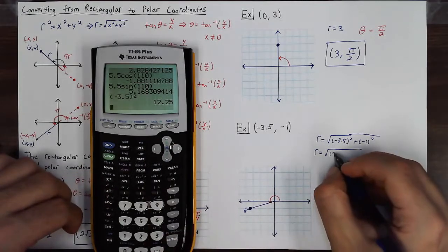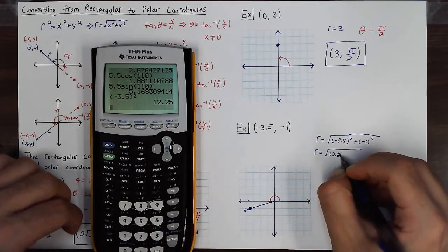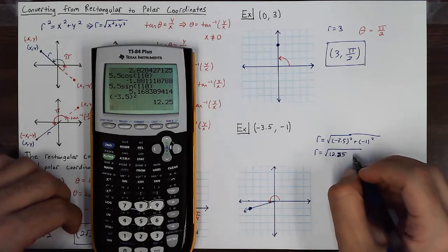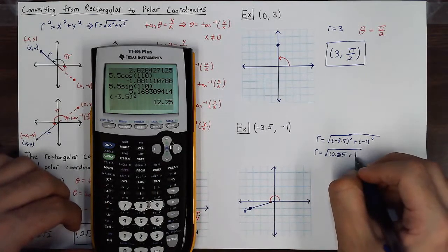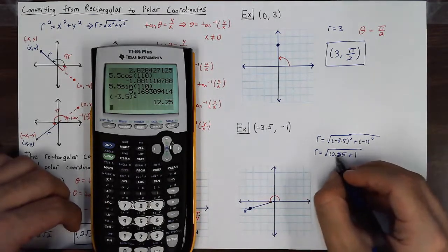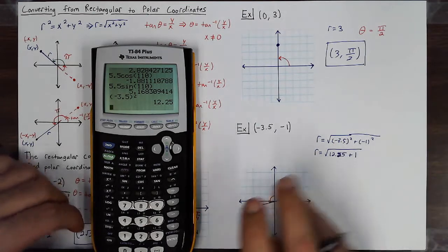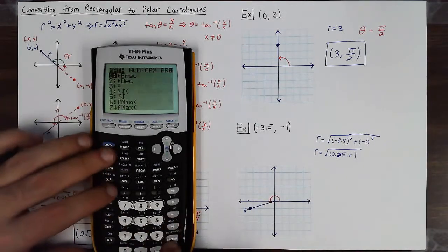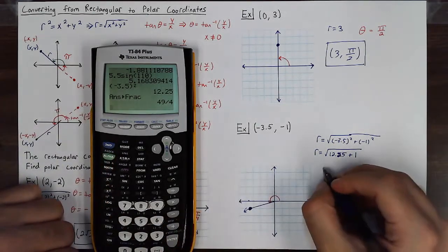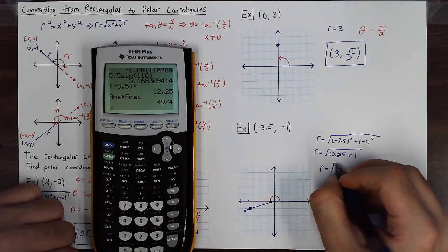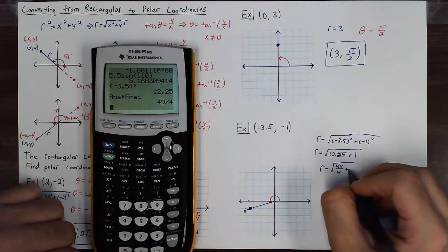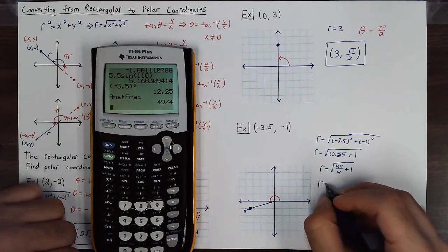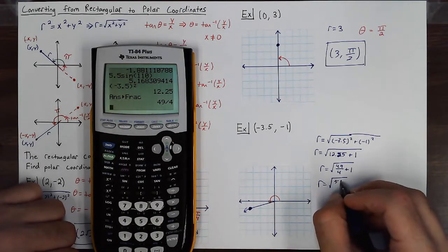Negative 3.5 squared is 12.25, plus 1. 12.25 can be rewritten as a fraction, 49 over 4, plus 1, so it gives me the square root of 53 over 4.